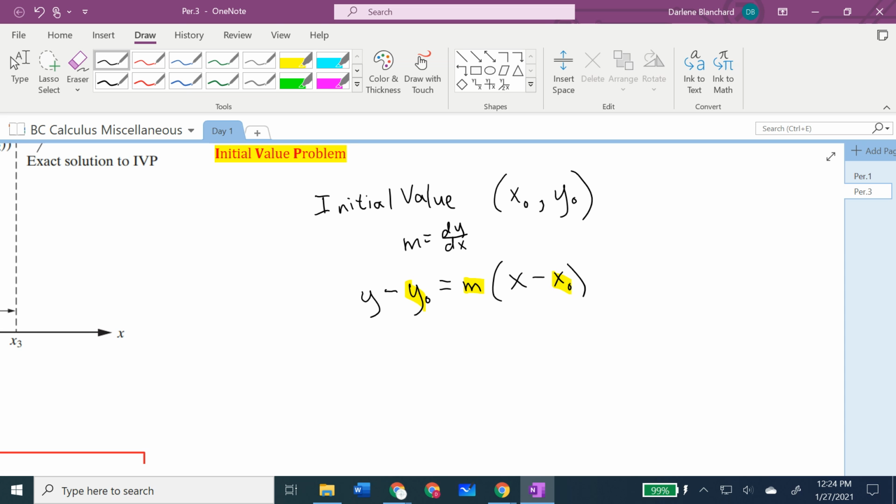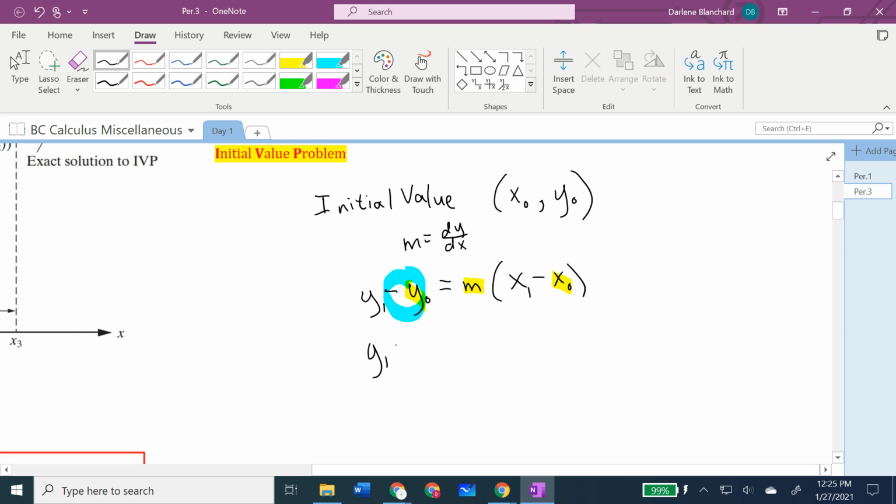I'm going to use this as a tangent line, and with it, we have 10 minutes left. With it, I'm going to plug in x sub 1 into its x to find y sub 1, the y value. To do that, all I have to do is add the y naught over to the other side.